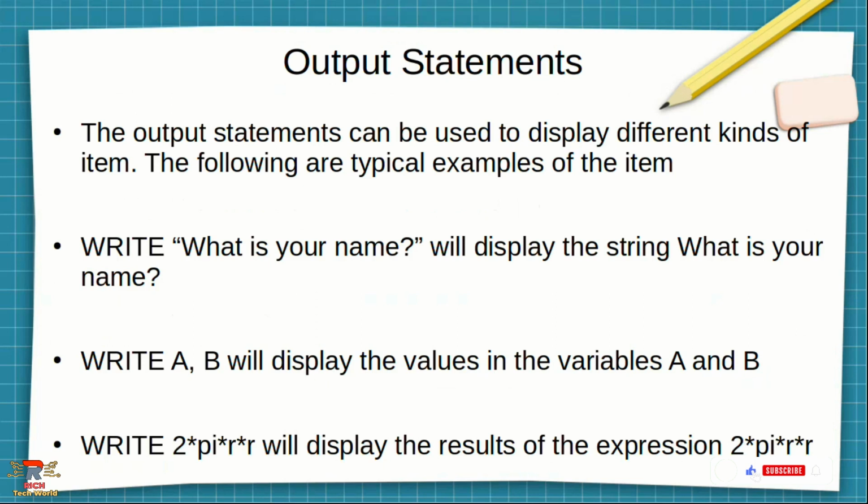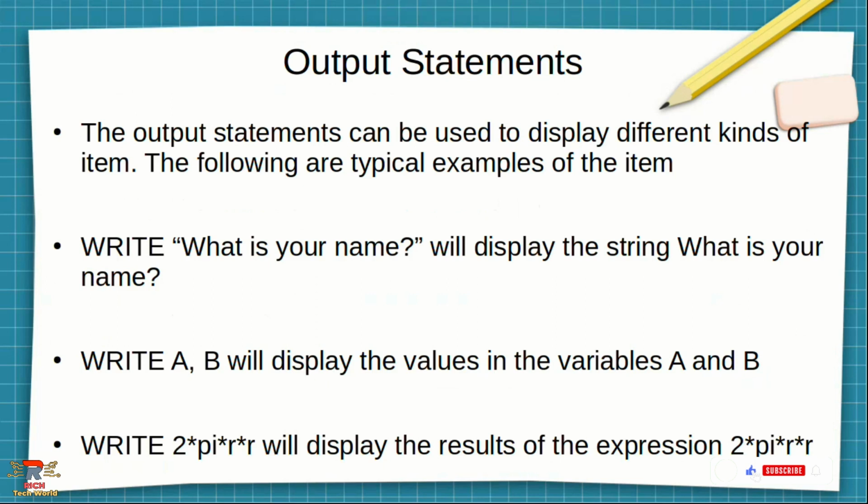So for instance, we have here write, then this question: what is your name? This lets the user know that the program is asking for a string data type, a name. Then the user is going to be able to input that particular data.